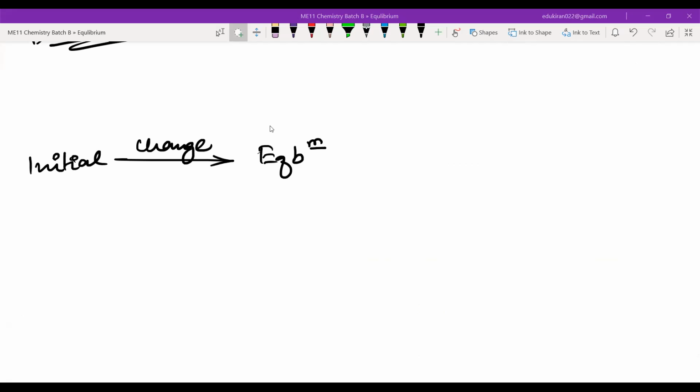What do we need? Initially, before equilibrium, we had simple things.